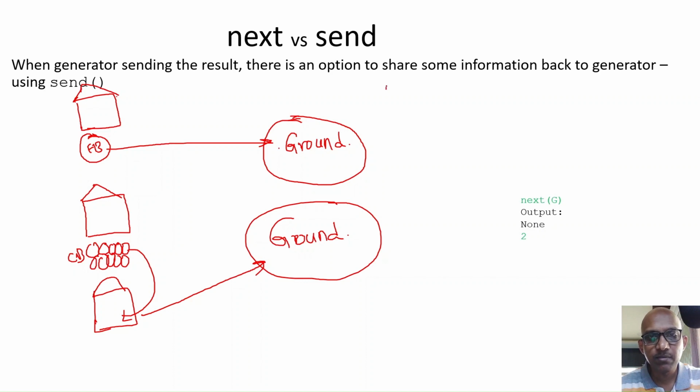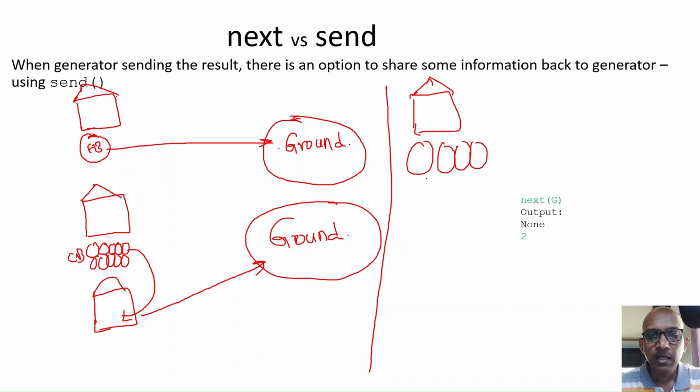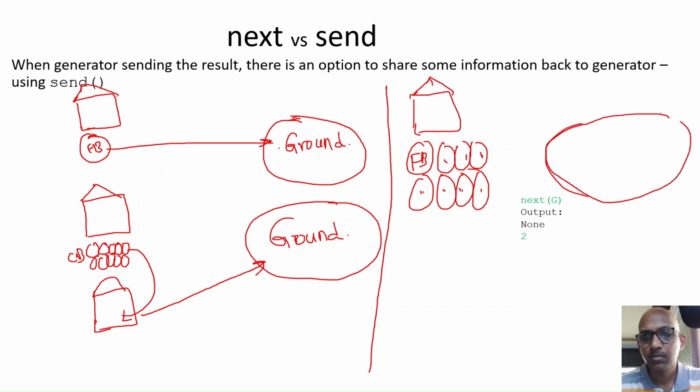For example, I'll give you a special example now. In your home, there are 8 footballs. These are all footballs. And at the same time, your friends are playing in the football ground. And they ask you, hey, you have 8 footballs in your home.